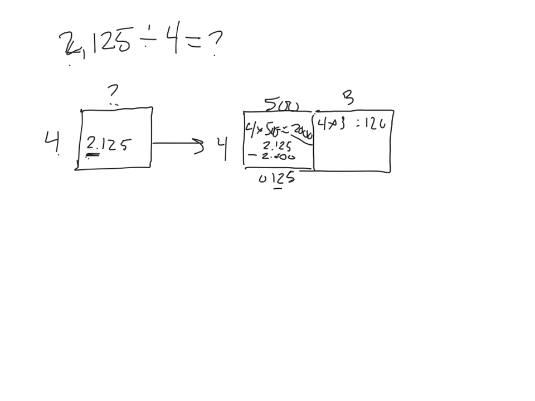I need to try to get 120, so it's actually going to be 30. I started with 125, and I split up 120 into groups, and when I subtract that, I'm going to get 5.